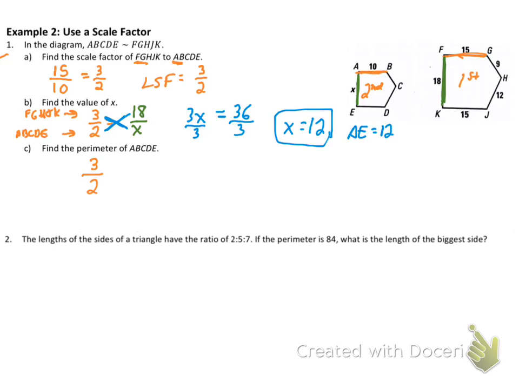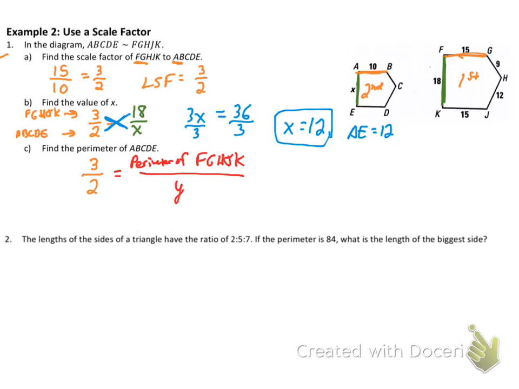Okay, so now what I need to do is find the perimeter of FGHJK, and I'm going to compare that to the perimeter of ABCDE, which I don't know. That's my x. I'm actually going to use a different variable since in the problem above we solved for x.